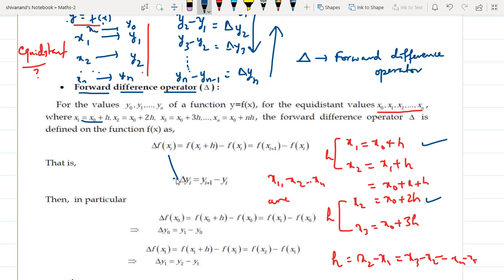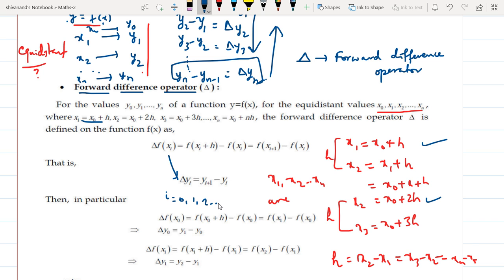So this difference, delta f of xi, nothing but delta yi, is equal to yi plus 1 minus yi. That is what is explained here.